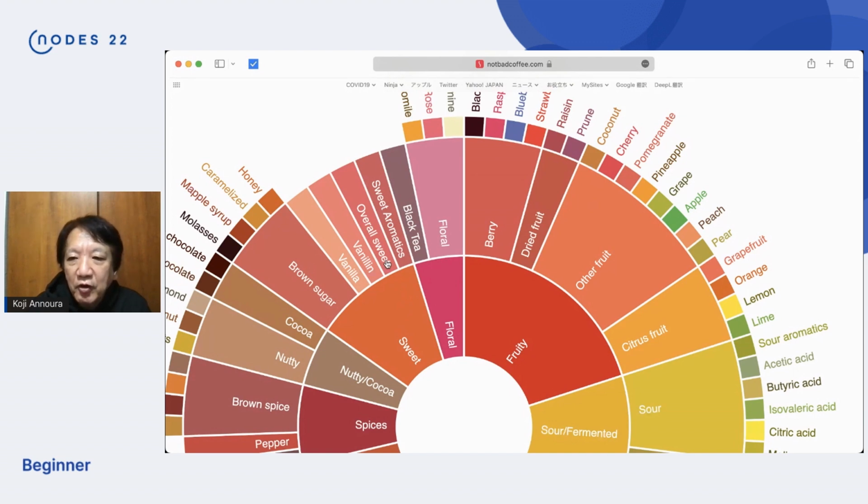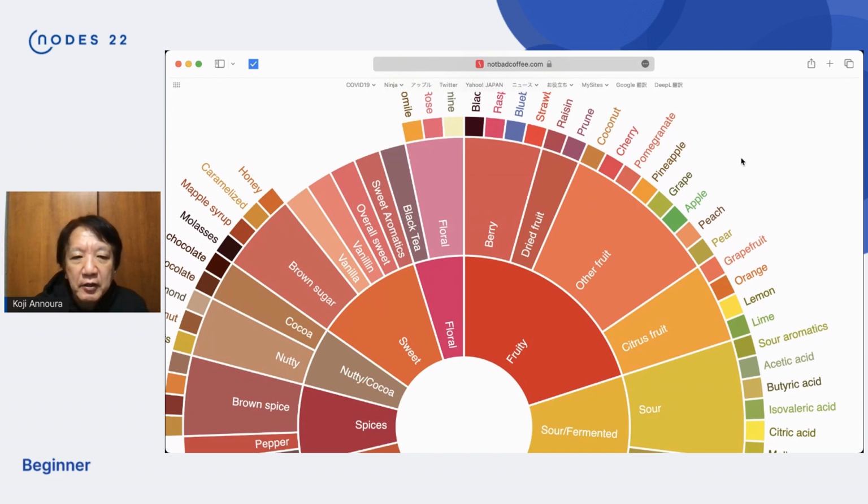This is the coffee taste vocabulary, and I created a graph of these coffee taste words.